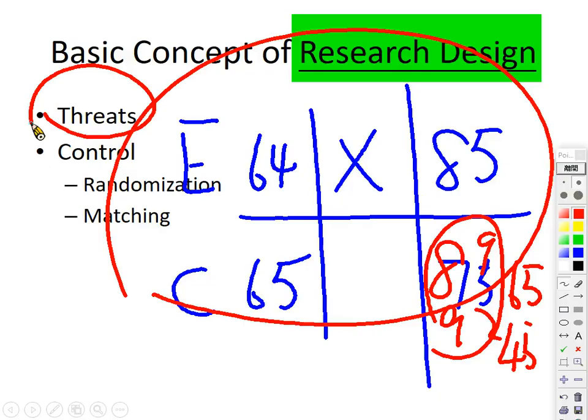Also, when we think about research design, we always need to consider the control. Control is for the purpose of comparison. We need to compare to know how effective our treatment is. So control and threats are two very basic concepts for research design. So far, are you with me? Okay, great.